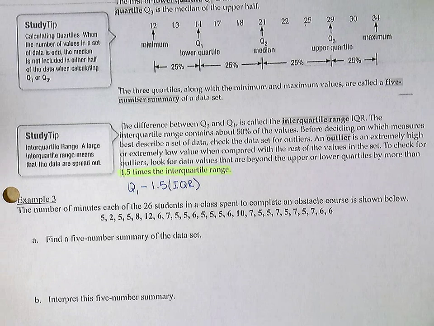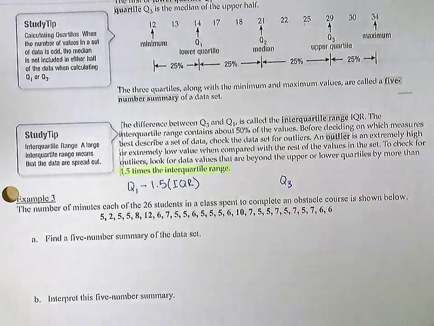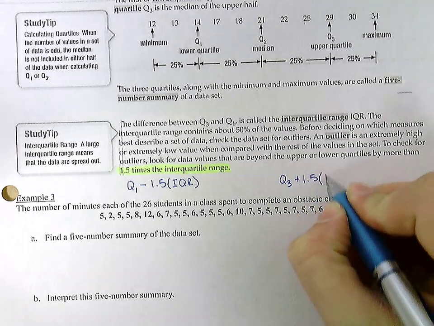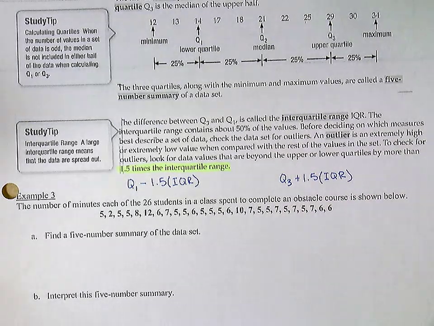To get your upper outlier, you'll take your third quartile and add on 1.5 times the interquartile range. If you have a value in your data set that is greater than that number, it will be an outlier.